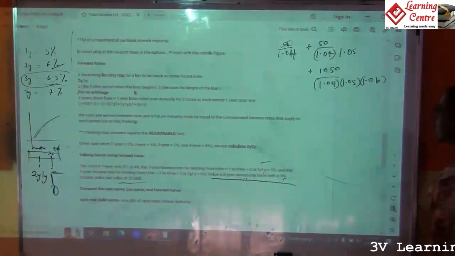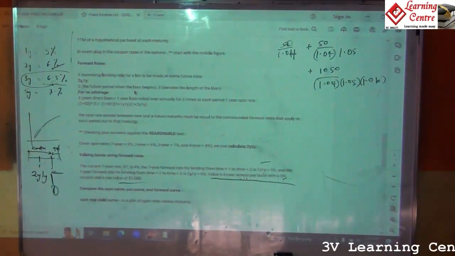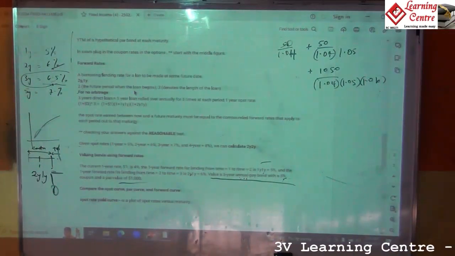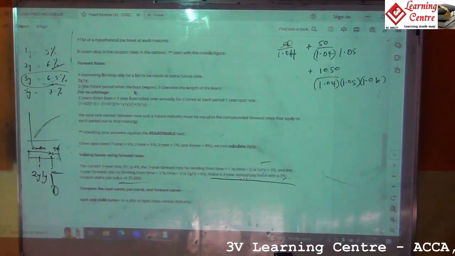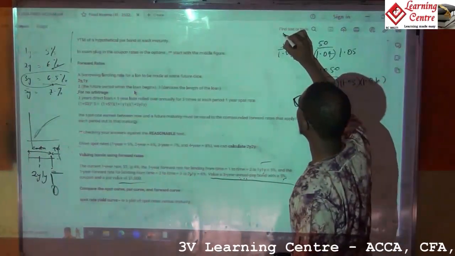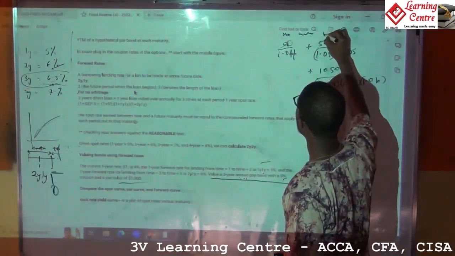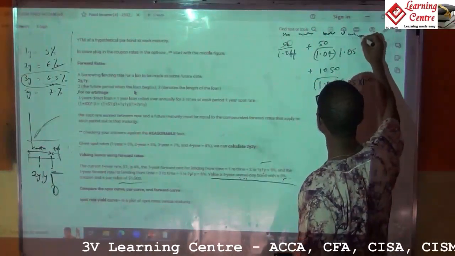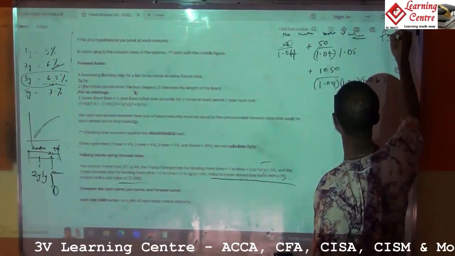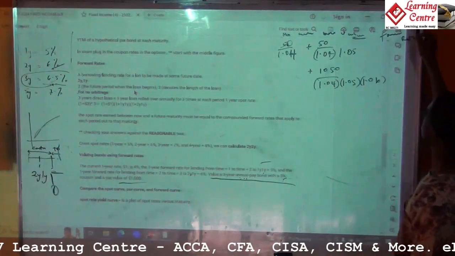Let us do this. This is our no-arbitrage bond valuation using forward rates.